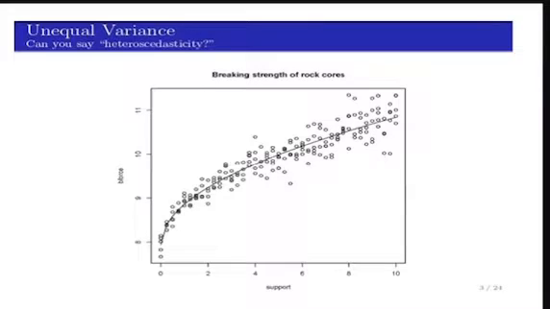In that situation, you can never have equal variance anymore. It means some observations are more informative and some observations are less informative.